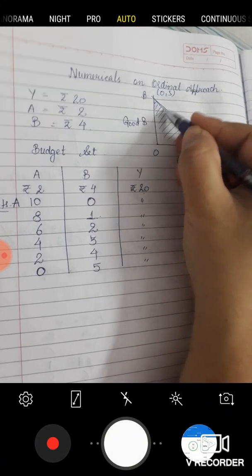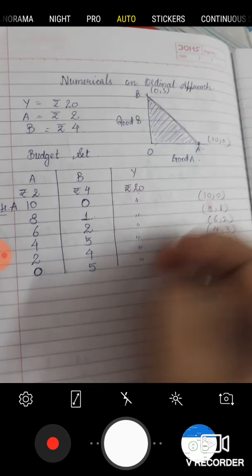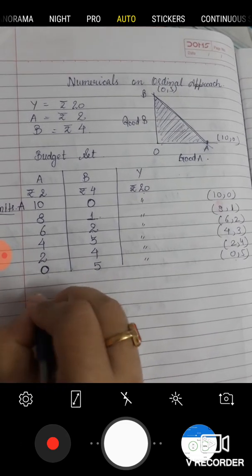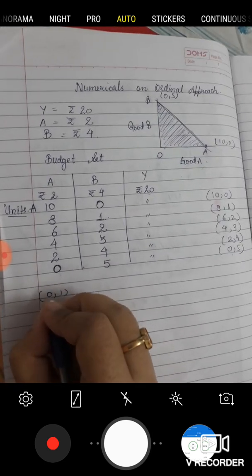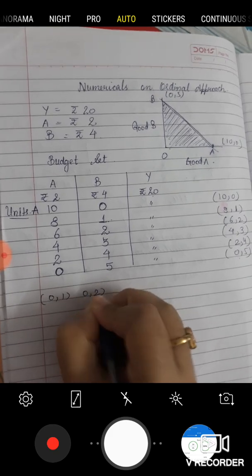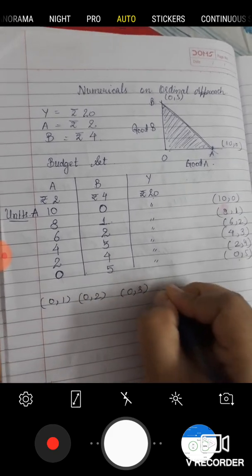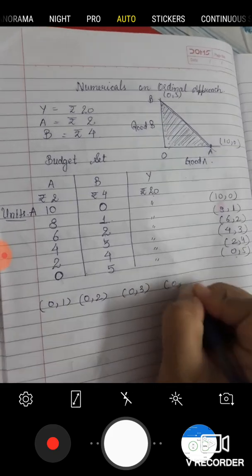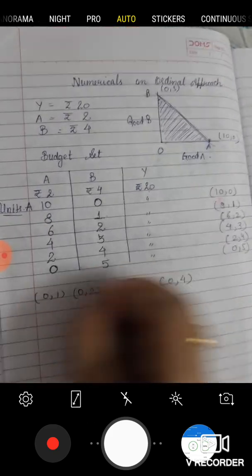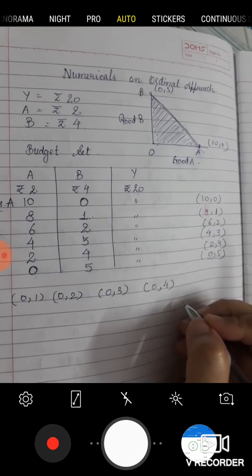Now what are the other possible combinations? All the bundles which are in this area. It can be any bundle. 0, 1: 0 units of A and 1 unit of B. 0 units of A, 2 units of B. 0 units of A, 3 units of B. 0 units of A, 4 units of B, and 0, 5 is already included on the budget line.